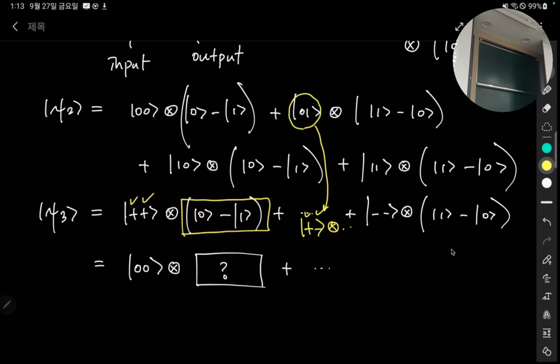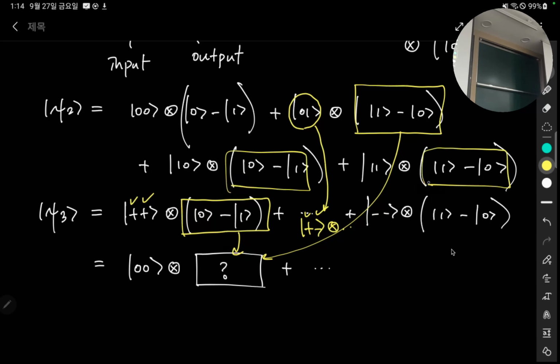So first this goes here, and also this goes here as a sum. And we can do the same thing for here and here. All this goes into the sum and sums up to something that is tensor product with 0, 0.